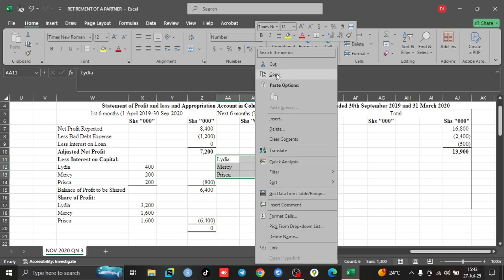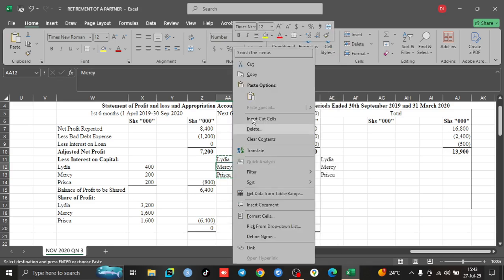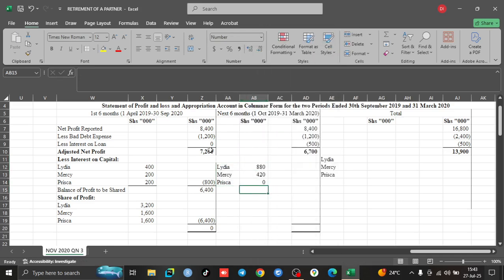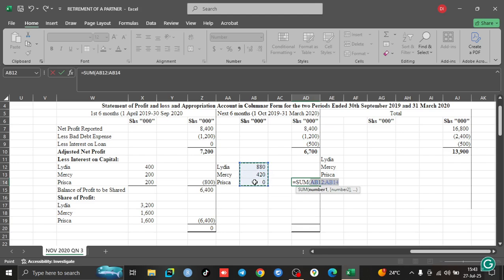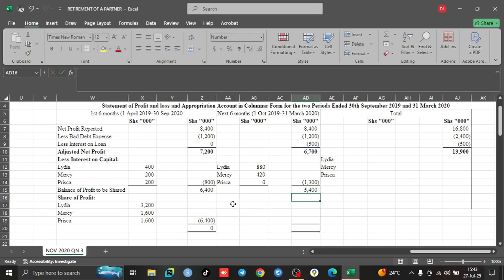I've copied it a cell above what should have been copied, so it's now right. Now I can get the sum for this one. This will be a negative sum, of course, because the balance of profit to be shared is now 54.